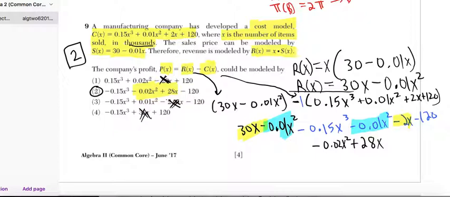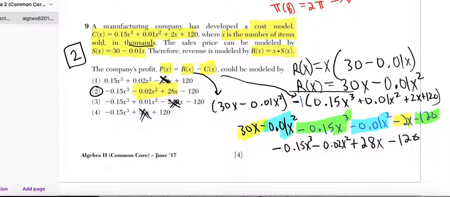Now the other two terms, the negative 0.15x cubed has no like term, so we just bring it down. Right, so we took care of that. I'll just highlight it to show that we got rid of it. And then the negative 120 also has no like term, so we're just going to bring it down.